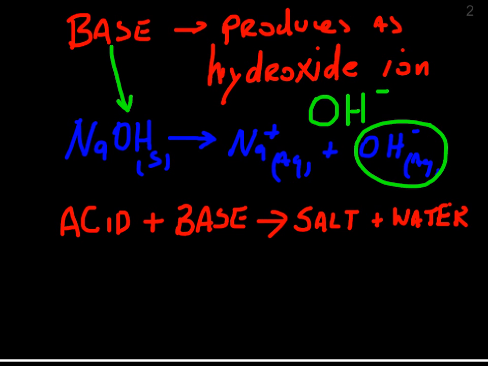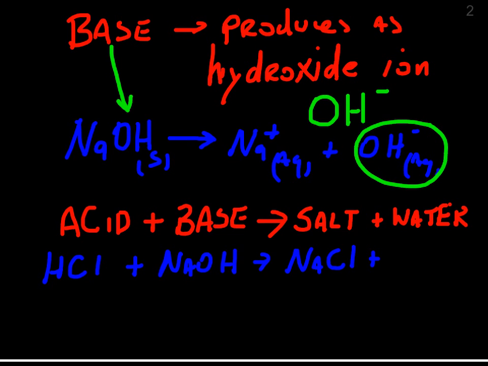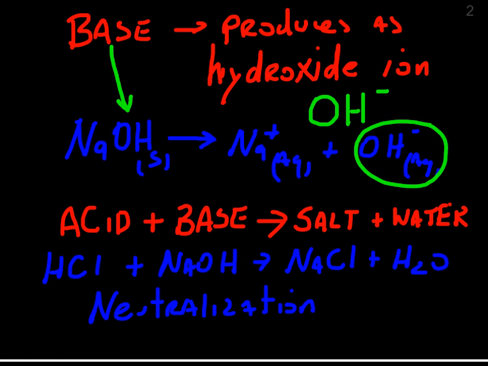So with the example that I just gave, here's HCl plus NaOH, the base. The salt that's going to come out of that is sodium chloride and water, H2O. So this is neutralization. All right. And that's kind of what keeps things going.